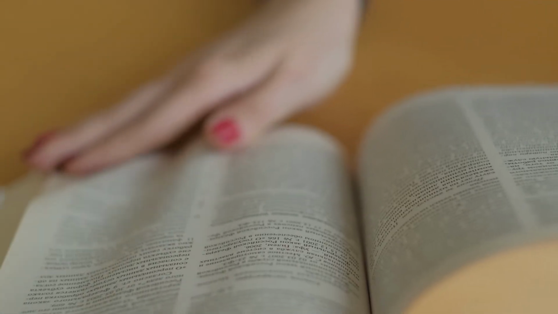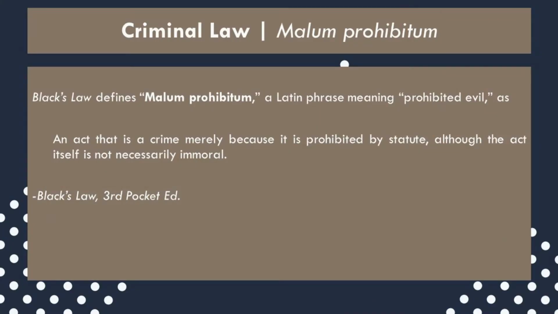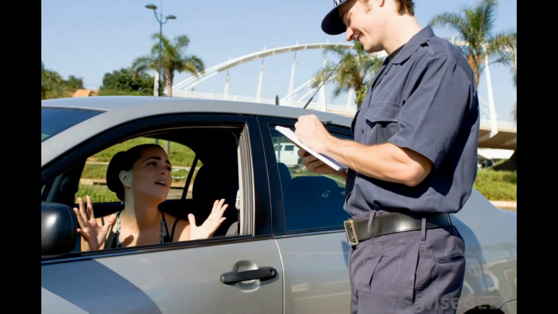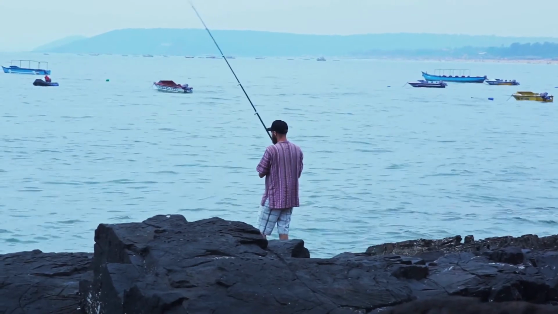Black's law defines malum prohibitum, another Latin phrase meaning prohibited evil, as, quote, an act that is a crime merely because it is prohibited by statute, although the act itself is not necessarily immoral, unquote. An example of malum prohibitum is speeding while driving or fishing without a license.